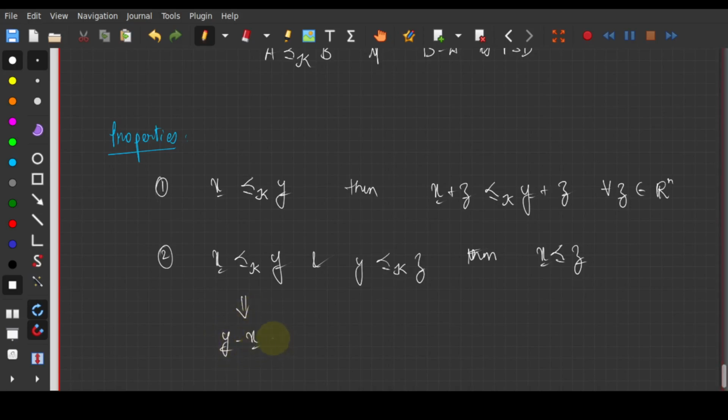It need not be element-wise, right? This could be any cone. It could be any proper cone, not necessarily. If I have the non-negative orthant, then I have element-wise inequality. But I want to prove this in general.